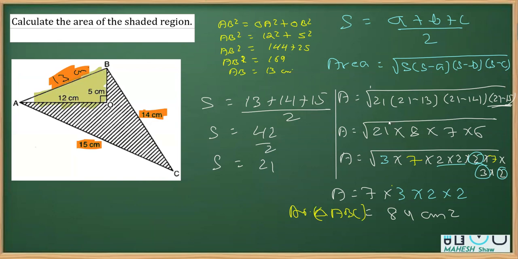Now, here we are not going to apply Heron's formula for finding the area of triangle AOB, as you can see, it's a right angle triangle. And for finding the area of a right angle triangle, when we know the base and altitude, we find its area.